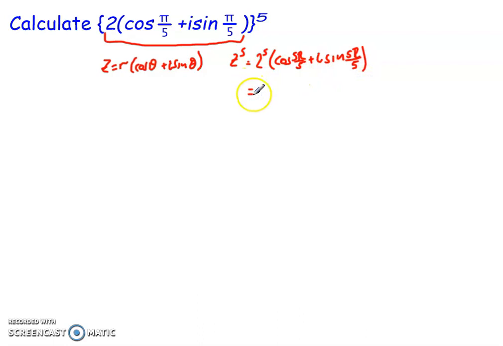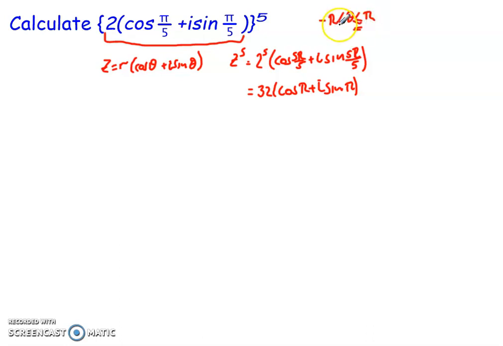We then do each part on its own. So 2 to the power of 5, that's 32. So we get 32 bracket cos pi plus i sin pi. And this is where you check your theta. Now in this case theta is pi, but remember the limits are negative pi is less than theta, up to and including pi. So it's including the pi.